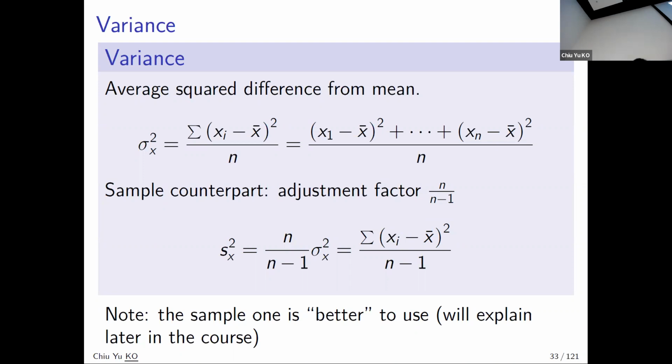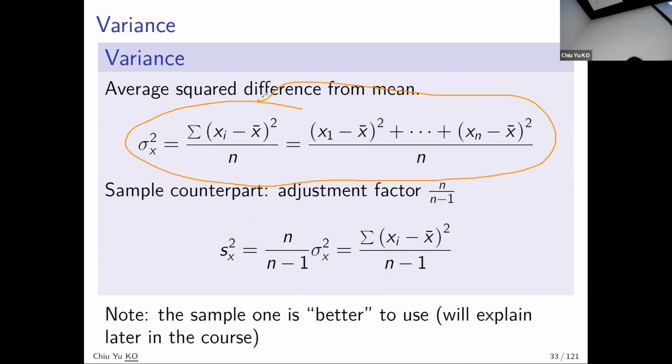And the idea, in short, is that using the sample one will be more accurate than the original one. So to put it into perspective, this is the one we're interested in. We want to know the average one.